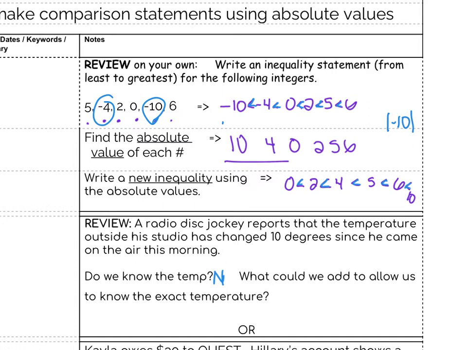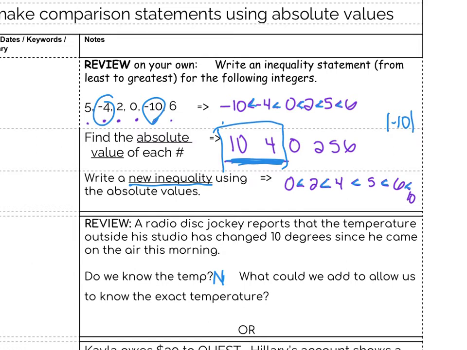Notice what happens, though, when we write a new inequality from least to greatest. These two numbers are not in order anymore. Our positives are in order. So when the absolute value of a positive number is taken, the order stays the same. But with our negatives, when we took that absolute value, the order switched.